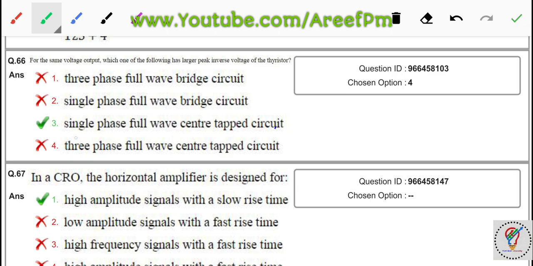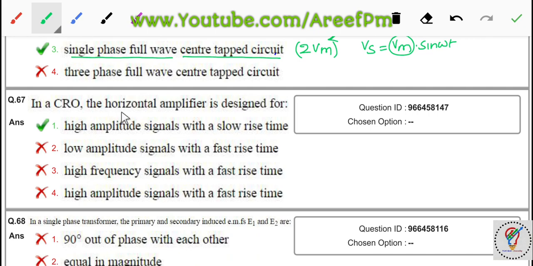It is the single phase full wave center tapped circuit. Why? Because in a center tapped circuit, the peak inverse voltage is 2 times the supply maximum voltage. Generally Vs is equal to Vm sine omega t, so this Vm is multiplied by 2 times. That is the center tap. Now we'll go to the next question.